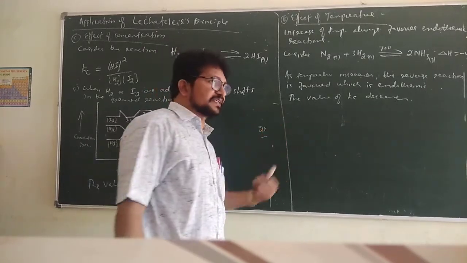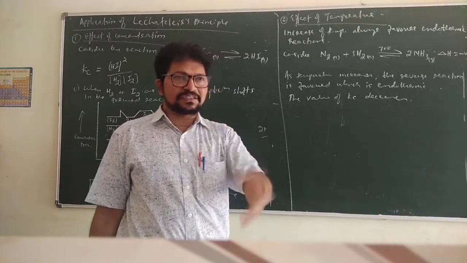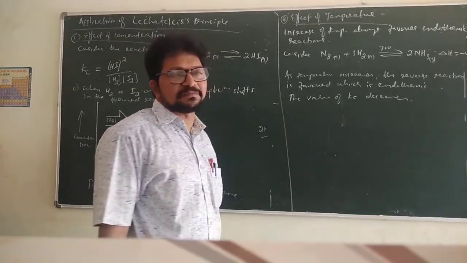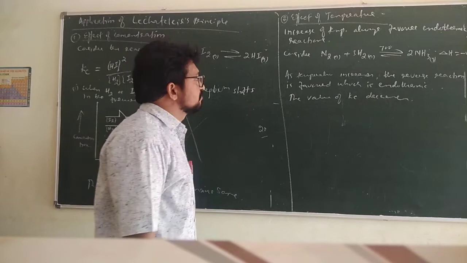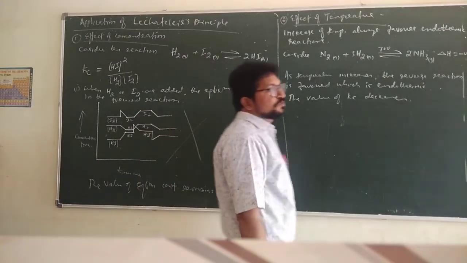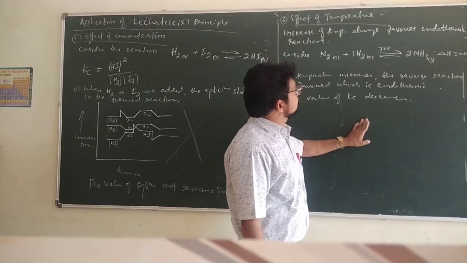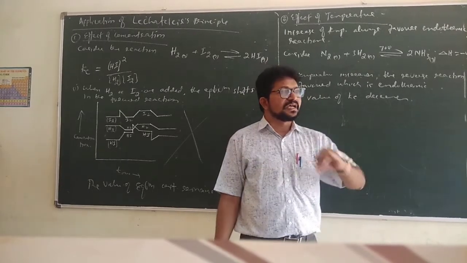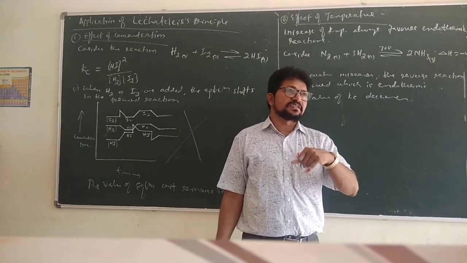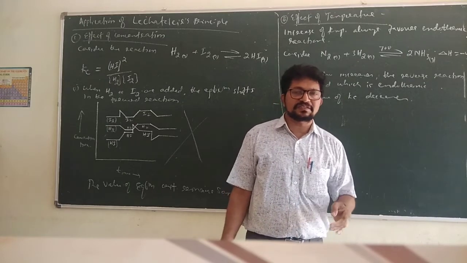If you carry the reaction below 700, product is nil. So very much negligible. Equilibrium will not be established. Required condition you have to provide. So this is all about effect of temperature. The general conclusion is this: as temperature increases, the endothermic reactions are favored.